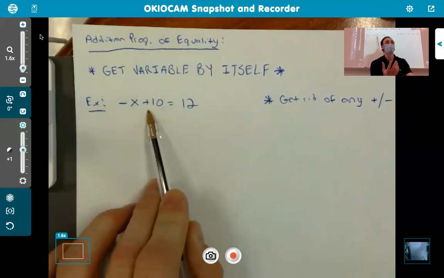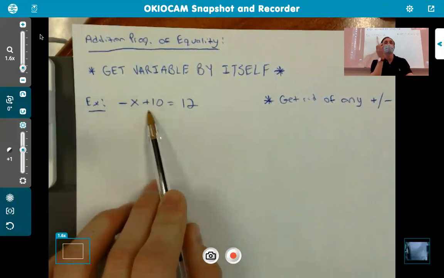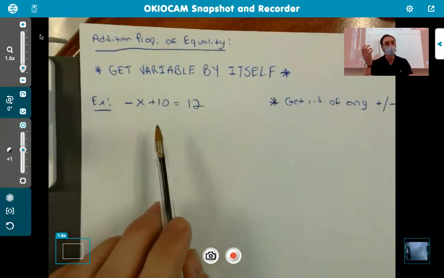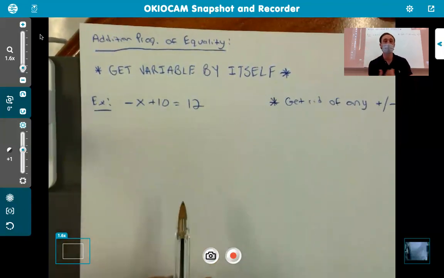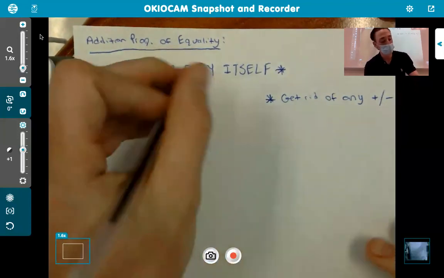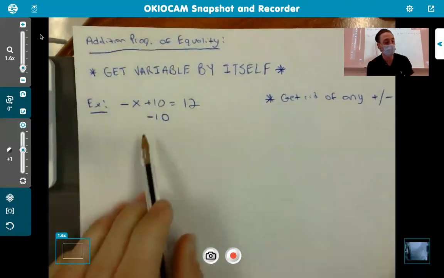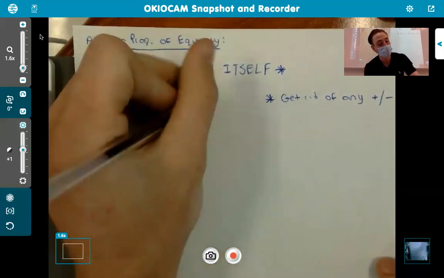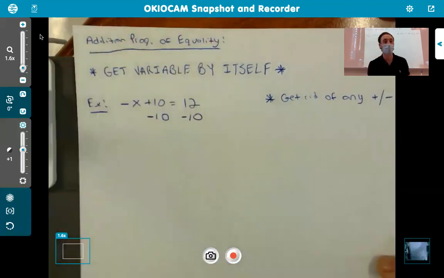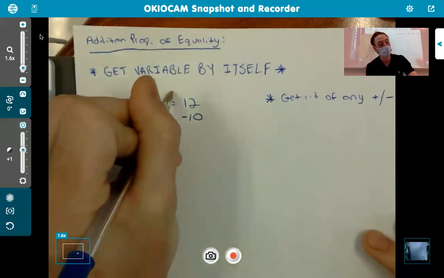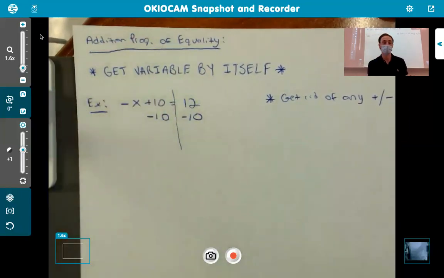Well, 10 plus what number gives me 0? What should I take away from 10 to get 0? 10, right? Seems simple enough. So I'm going to subtract both sides by 10. Whatever I do on one side, I have to do on the other. And that's on the other side of this equal sign. Some people draw a line to separate either side. I'm fine with you doing that as well.